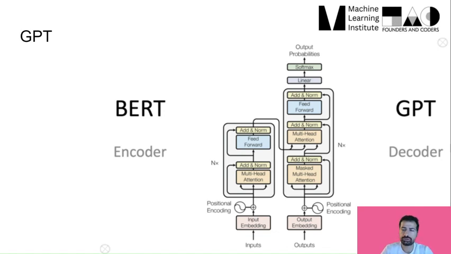As I said earlier, transformers now are one of the most performant architectures in natural language processing, in large language models. Most of the performant models that we see out there now use the transformer architecture. The transformer can be made of two components: the encoder, which is BERT, and the decoder, which is GPT, which ChatGPT uses, that you can see here.